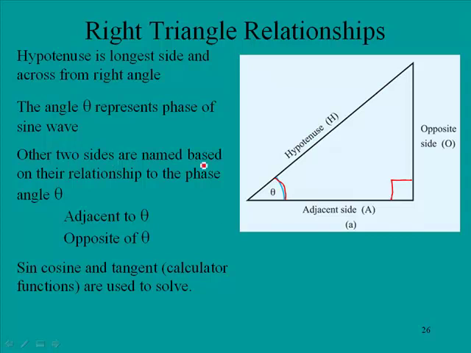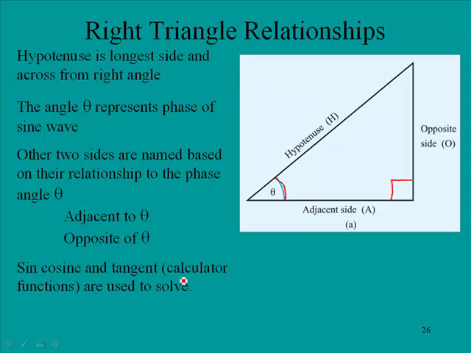The two sides are named based on their relationship to the phase angle. So here we have the phase angle right here, and the adjacent side A is so called because it is adjacent to this angle, and then the opposite is so named because it is directly opposite of the phase angle.